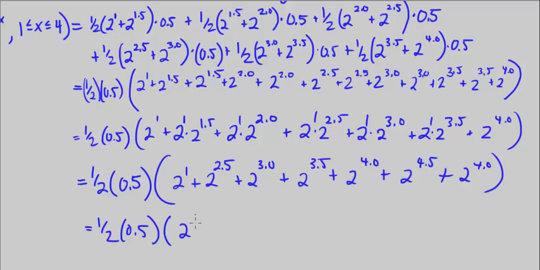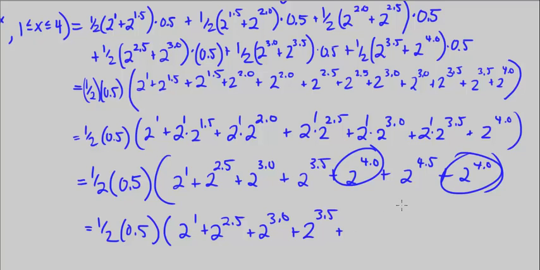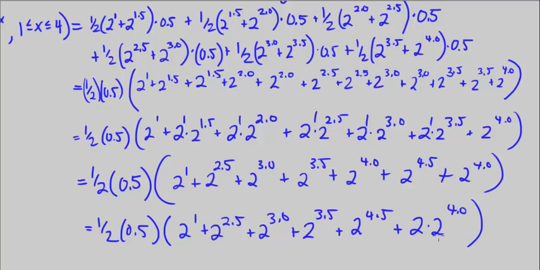0.5, 2 to the 1 plus 2 to the 2.5 plus 2 to the 3.0 plus 2 to the 3.5 plus, now I have 2 of these, so I'm going to write them last. So let's write this one first. 2 to the 4.5 plus, and I have 2 of these, so I'm going to just say 2 times 2 to the 4.0, right?